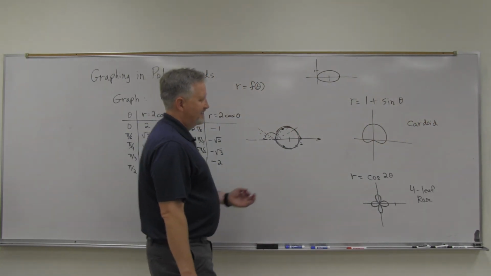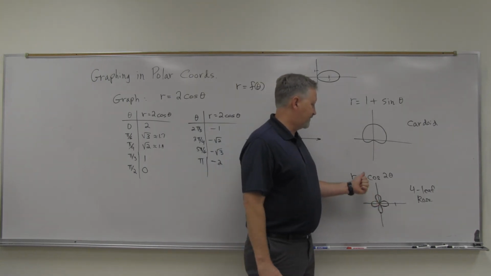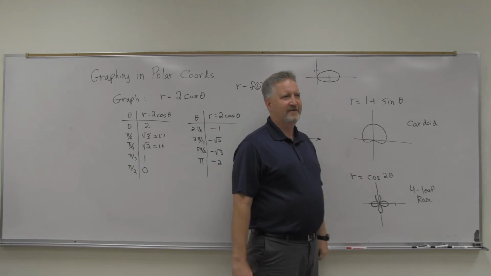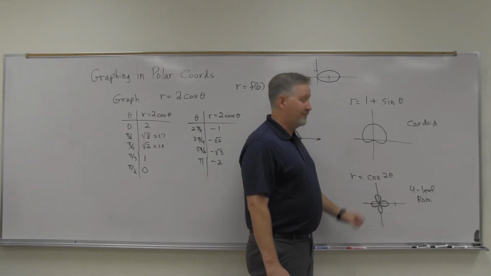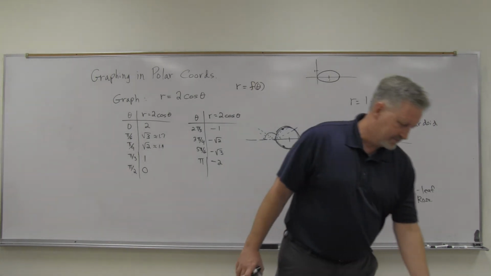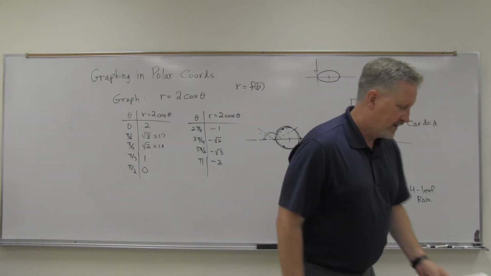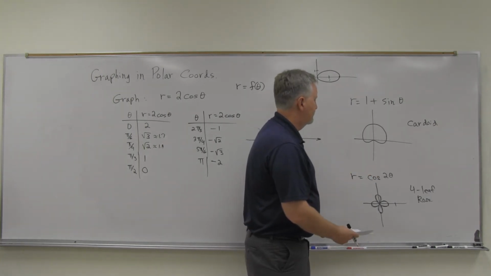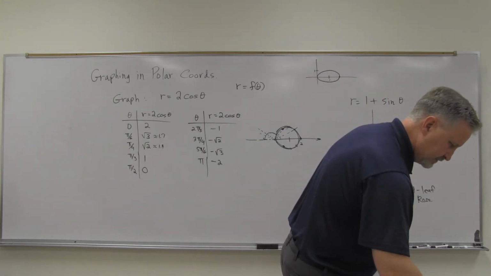Interesting there, so that one's 4-leaf. If you do cosine 3 theta, it has 3 leaves. Cosine 4 theta has 8 leaves. So, anyway, kind of interesting. And you can get some that are kind of angled differently. I think if you do sine 2 theta, what does sine 2 theta do?